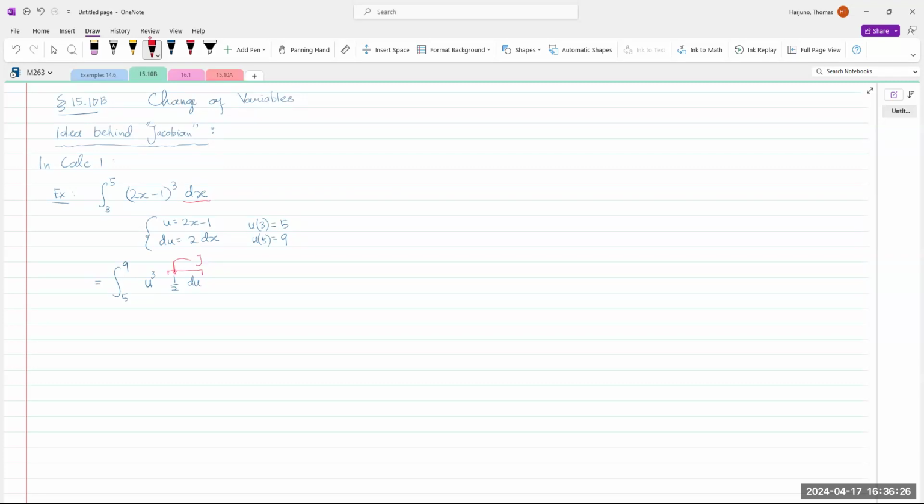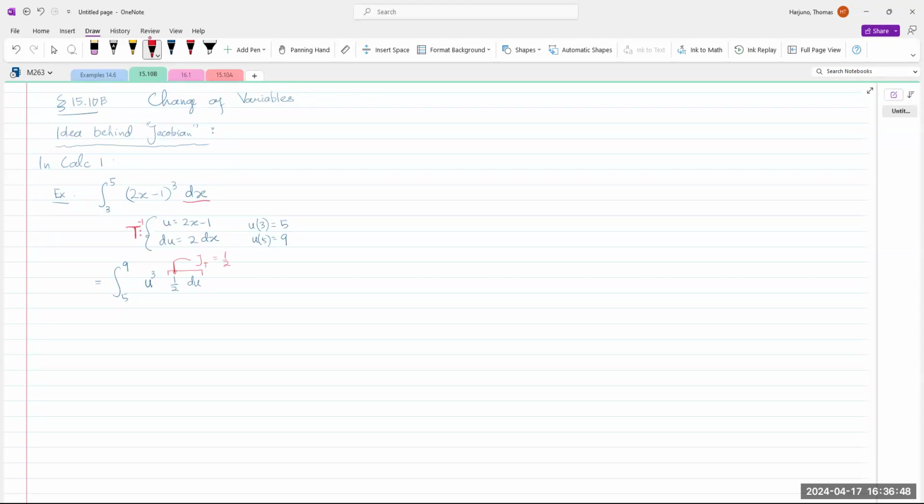Okay, if we call this our transformation T, to be more precise, T inverse, right? Then the Jacobian for T will be 1/2.